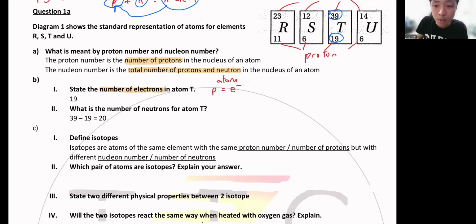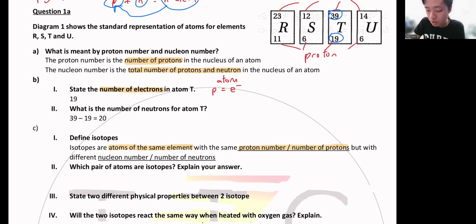So I stop at the keyword here, 3 words. Atoms of the same element means if carbon 12, carbon 13, carbon 14, all are the same element, same carbon, same chemical. So they also have the same proton number.